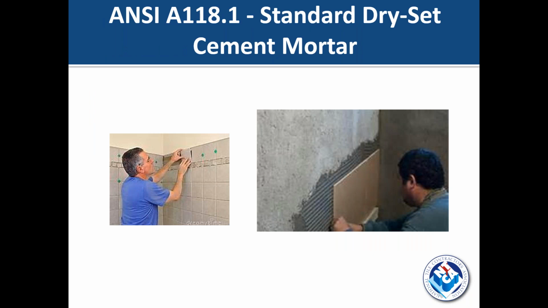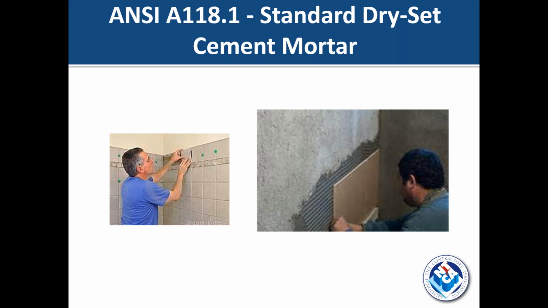So briefly, I want to touch next on the ANSI standards. There are several ANSI standards for cement adhesives. Again, ANSI is the American National Standards Institute. And you will see the ANSI standards referenced in specifications and listed on product data sheets and so forth.